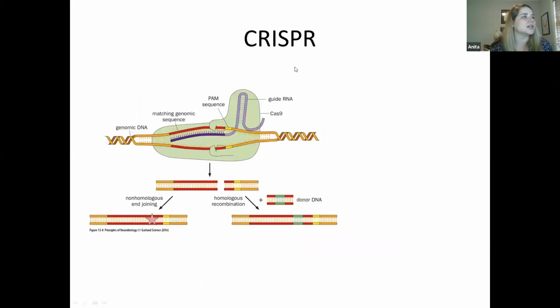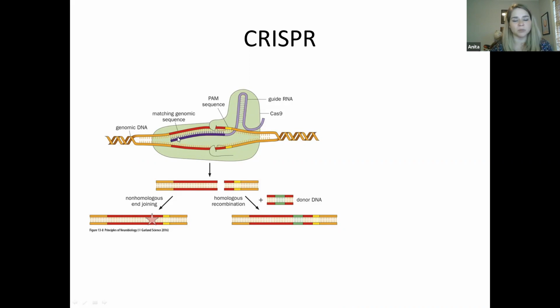So here's the actual structure for CRISPR. You have your Cas9 protein, and it has these sites where you're getting a double-stranded break, and then the Cas9 is positioned based on this short guide RNA sequence.